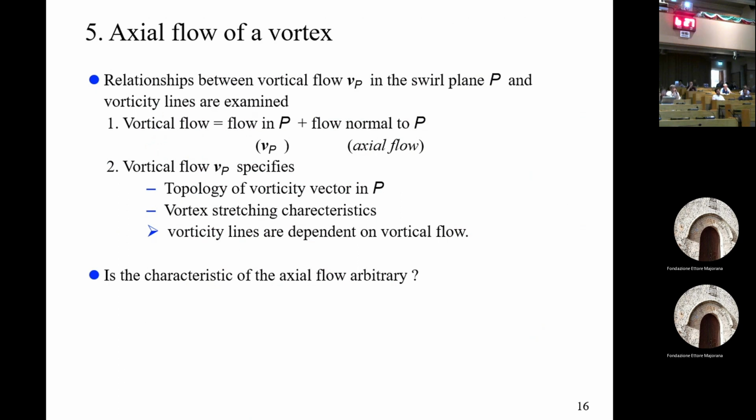So we show that the vortical flow in the swirl plane specifies the topology of the vorticity vector and vortex stretching characteristics. So vorticity lines are just dependent on vortical flow. However, a vortical flow also has flow normal to the swirl plane, that is axial flow. So we may wonder, is the characteristic of the axial flow arbitrary?